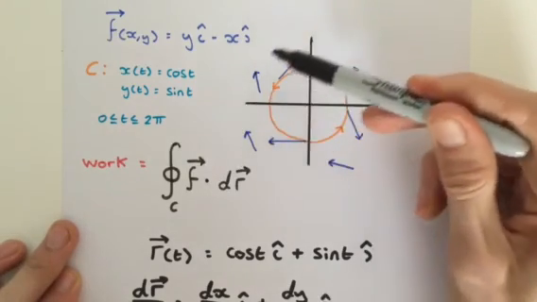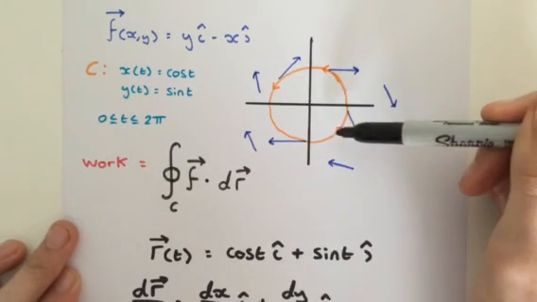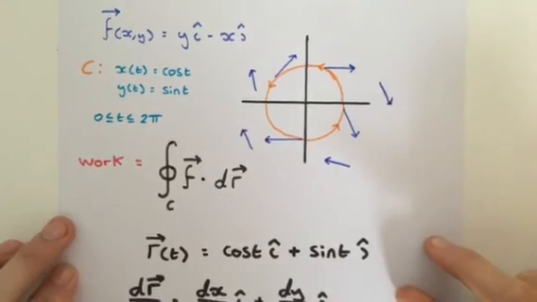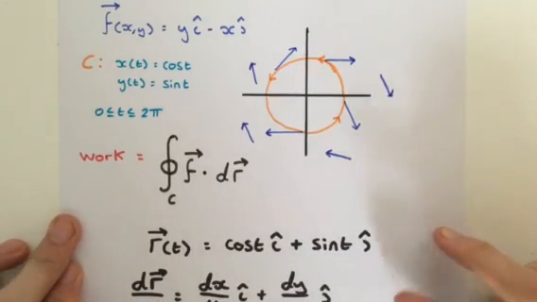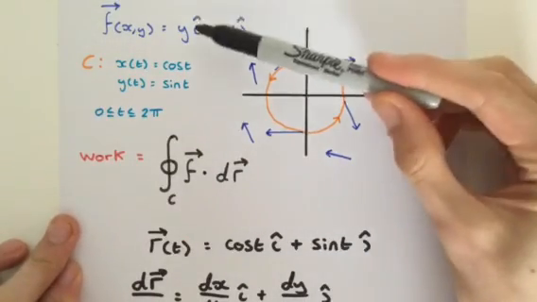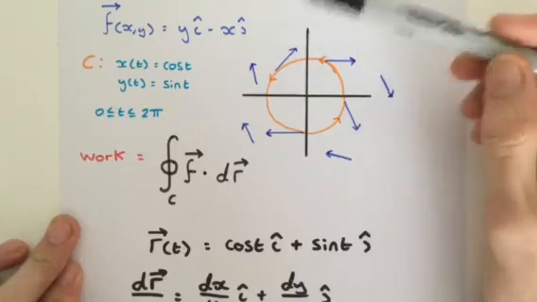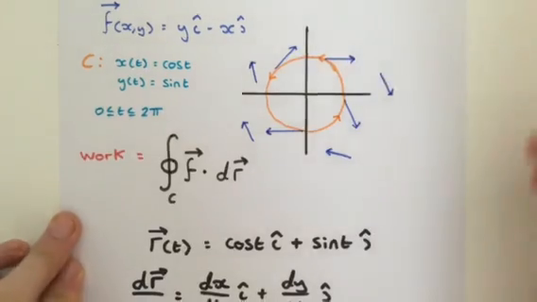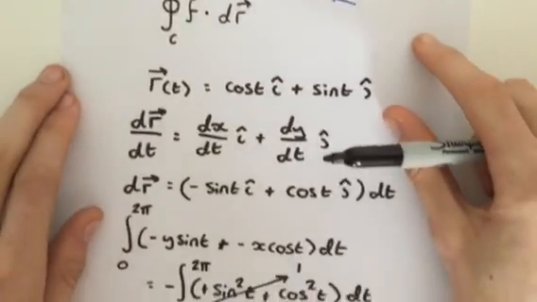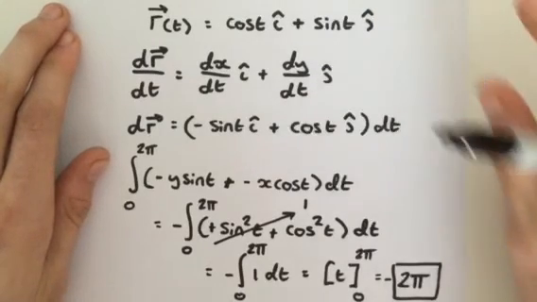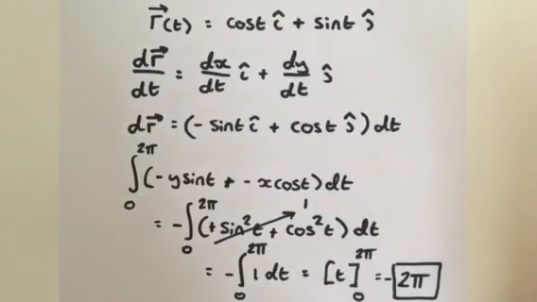It's in the complete opposite direction to the movement of the particle. So therefore, the work done by the vector field f of y i minus x j on the unit circle is minus 2 pi, your negative work done.